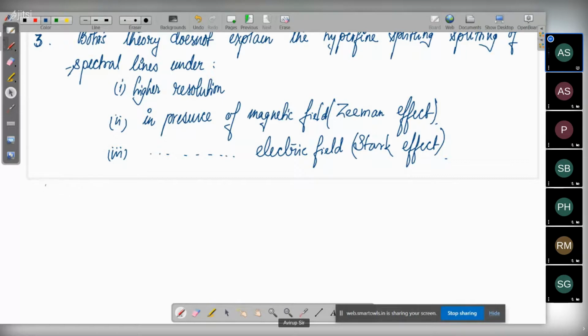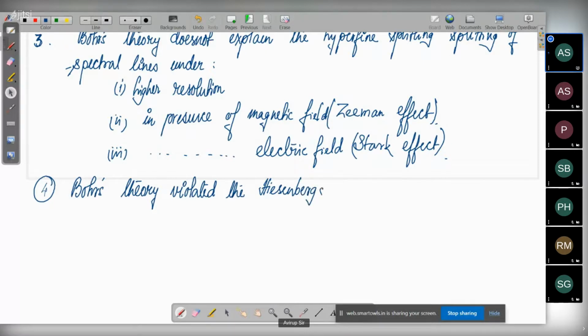Then what other drawbacks does Bohr's theory have? The next drawback of Bohr's theory is that it violated Heisenberg's uncertainty principle.